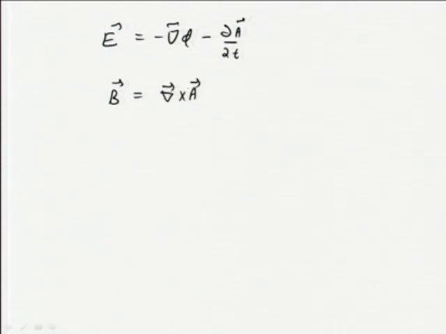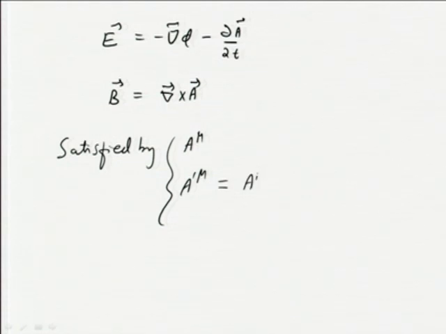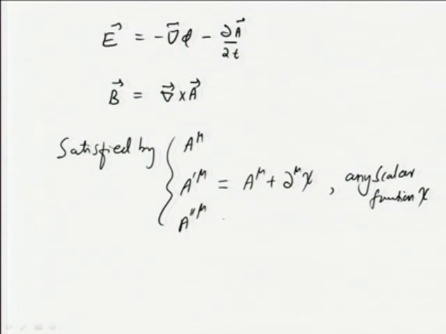Now, this actually says E is equal to minus del phi minus dou A over dou t, and B equal to curl of A, as satisfied by A mu or A prime mu, which is essentially equal to A mu plus dou mu chi, for any scalar function chi, and A double prime mu, which is A prime mu plus dou mu lambda, where lambda is a scalar function so that dou mu dou mu lambda is equal to 0.